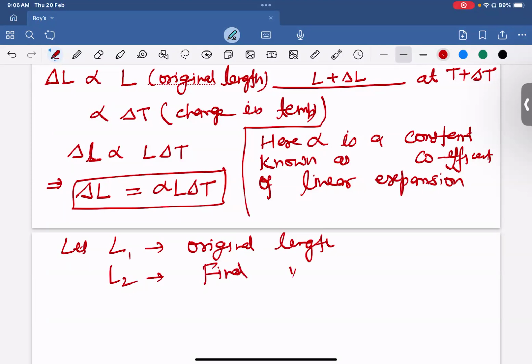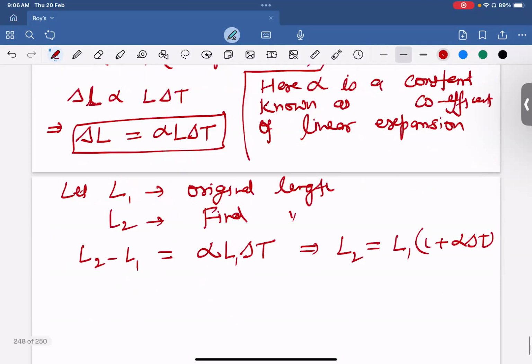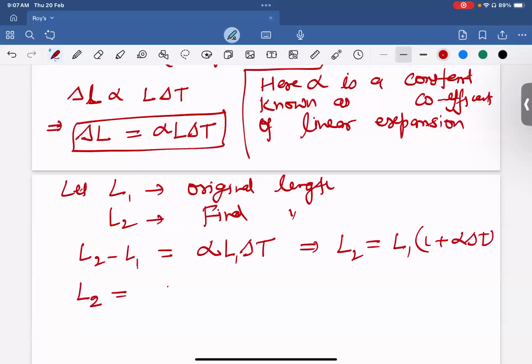So delta L is basically L2 minus L1, and alpha times initial length is L1 into delta T. L1 you can take that side, so it becomes L2 equals L1, you can take common, 1 plus alpha delta T. So this is also a good formula to find the final length L2.